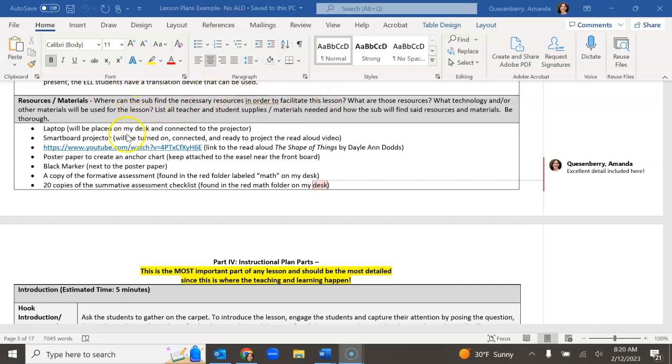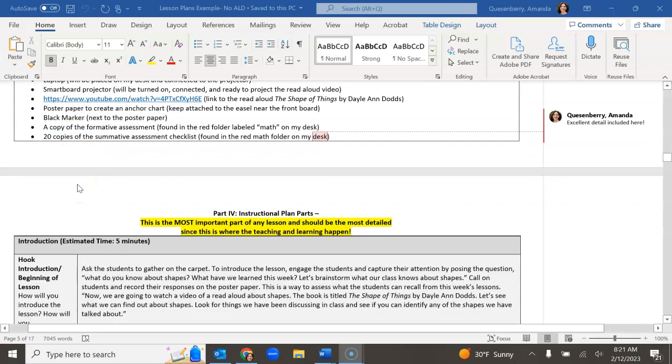It says that because you should always be designing your lessons so that someone else could come in and teach your lesson if you were not able to. All right, so you should always include enough detail in your lesson that somebody else, like a substitute teacher, your assistant teacher, whoever it might be, could pick up this plan and teach the lesson successfully. Okay, so that's why it says the sub. So make sure everything's there and in enough detail.